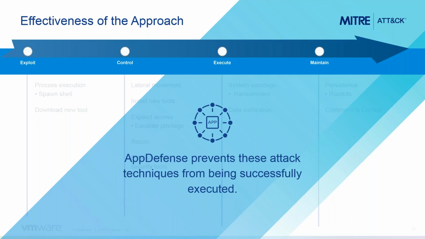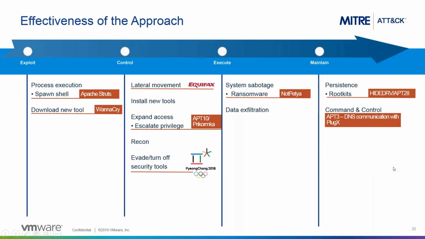Essentially, AppDefense is designed to prevent these attacks from being able to successfully execute. So rather than trying to identify specific threats or variants of threats, we're trying to stop the attack techniques themselves from executing by validating known good versus chasing bad.